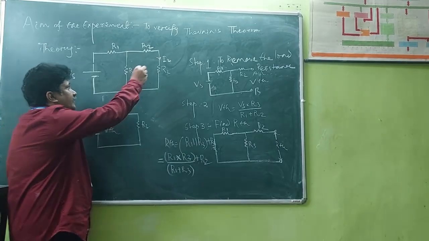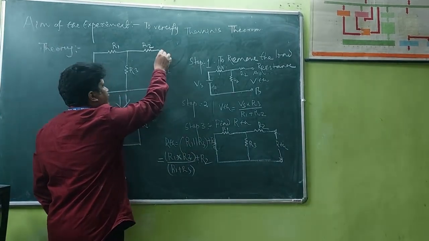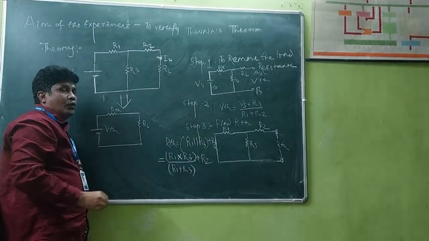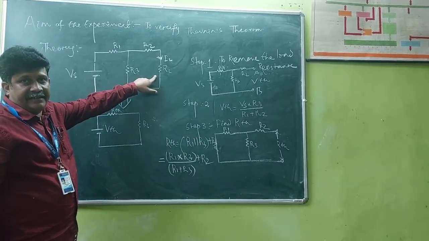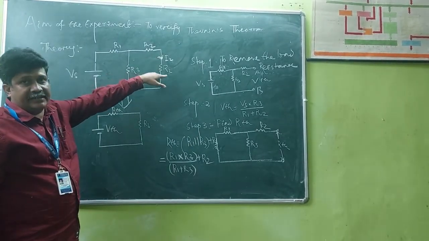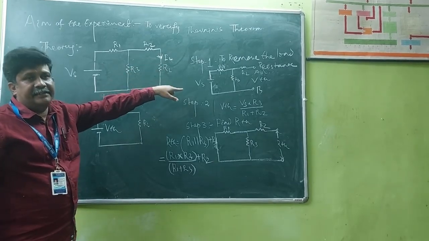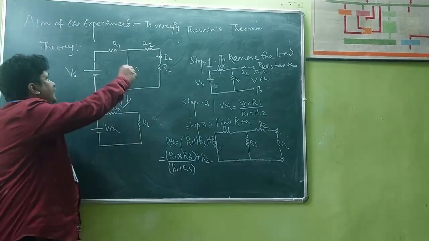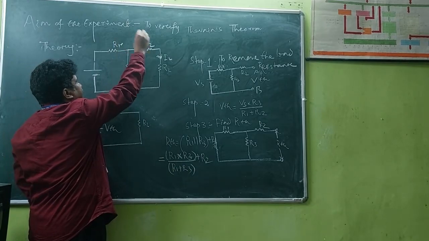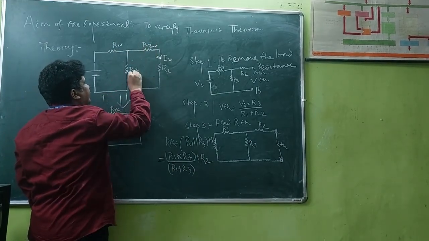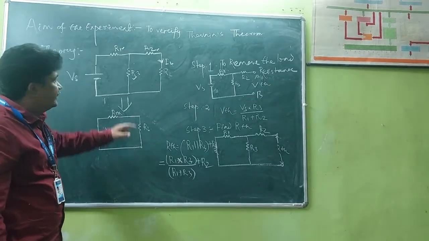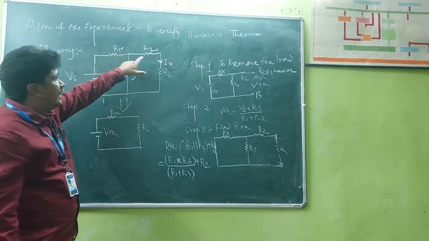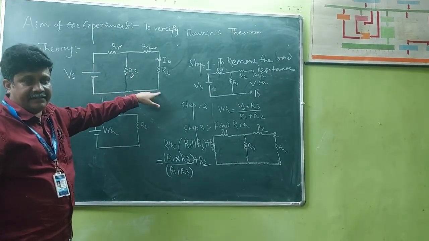This is the load resistance and it is represented by RL. As it is connected on the load side, that's why it is represented as RL. This is one resistance, this is the second resistance, and this is our third resistance, designated as R1, R2 and R3.